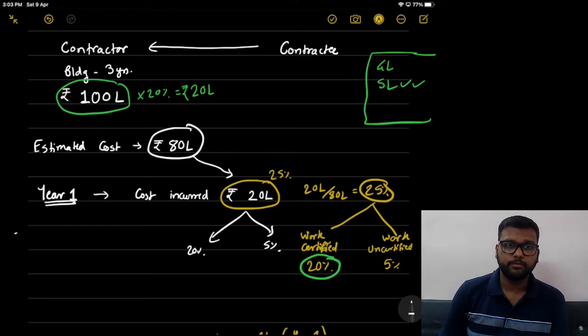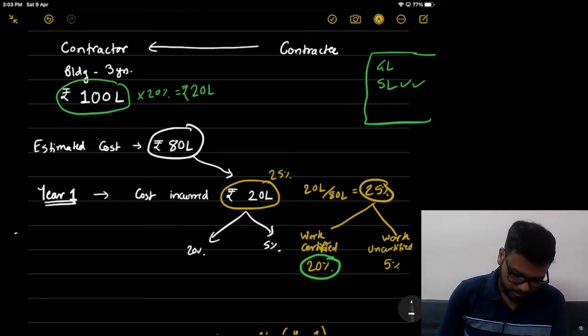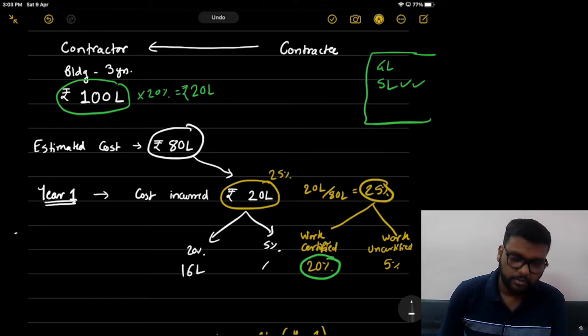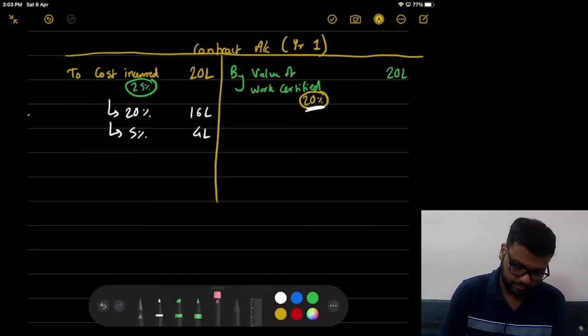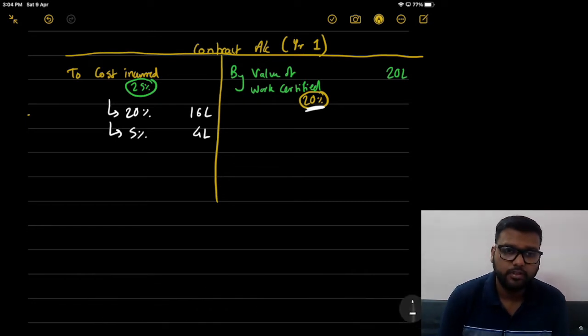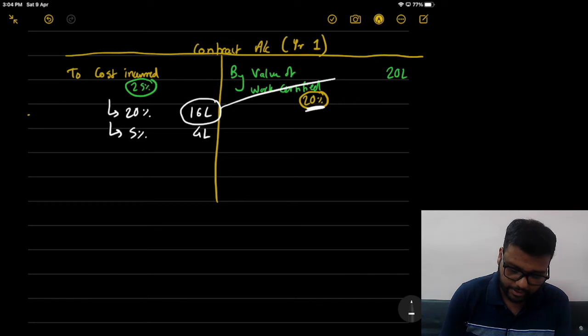How much? 4 lakh and 16 lakh. Correct. 16 lakhs and 4 lakhs. So for now, let me write it like this: 16 lakhs and 4 lakhs. Now we have recorded revenue against this 16 lakhs. Is it correct?